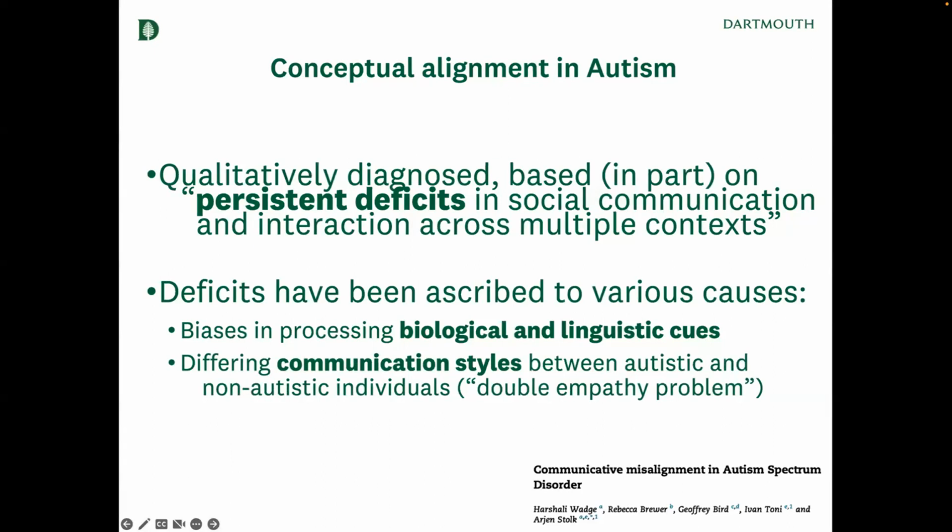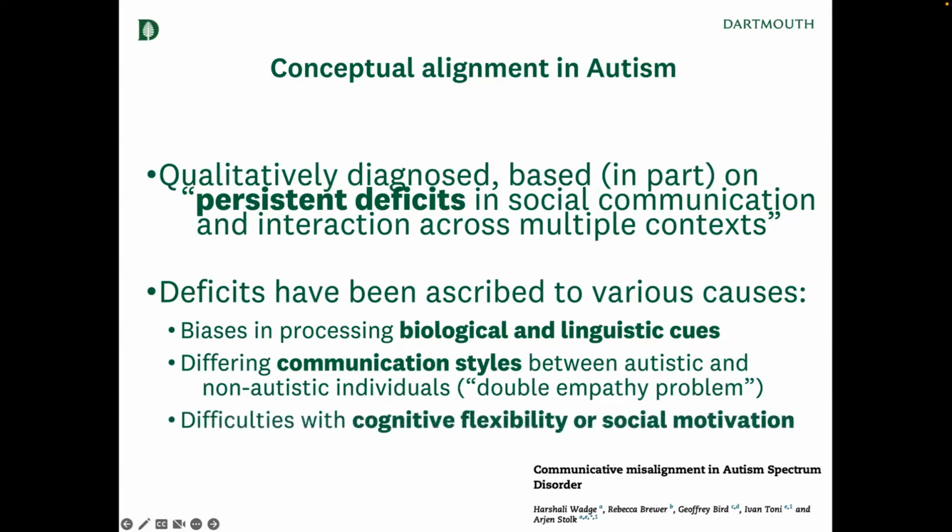Others have suggested that deficits are due to core difficulties with cognitive flexibility or social motivation. Surprisingly, very few studies have actually studied autistic individuals during live interactions, let alone in experimentally controlled settings like the communication game. The data we're showing you today was analyzed by Harshali Waj. She was an undergrad student who did an internship with me at UC Berkeley, and she did most of these analyses.